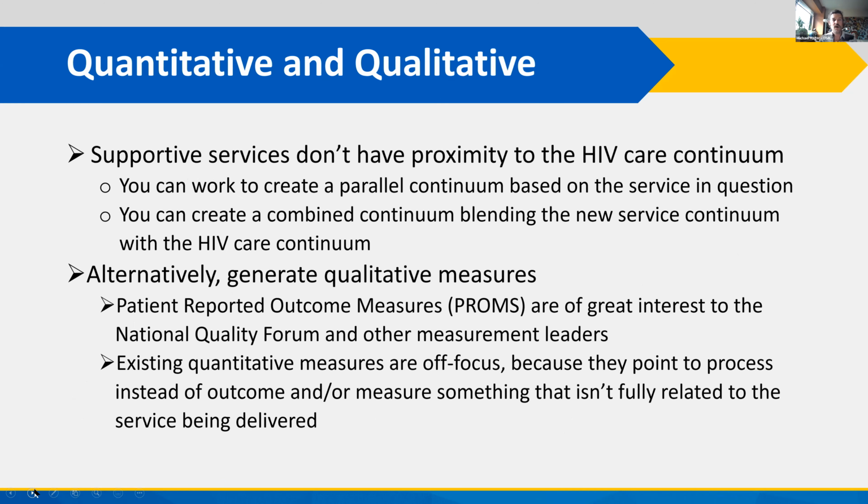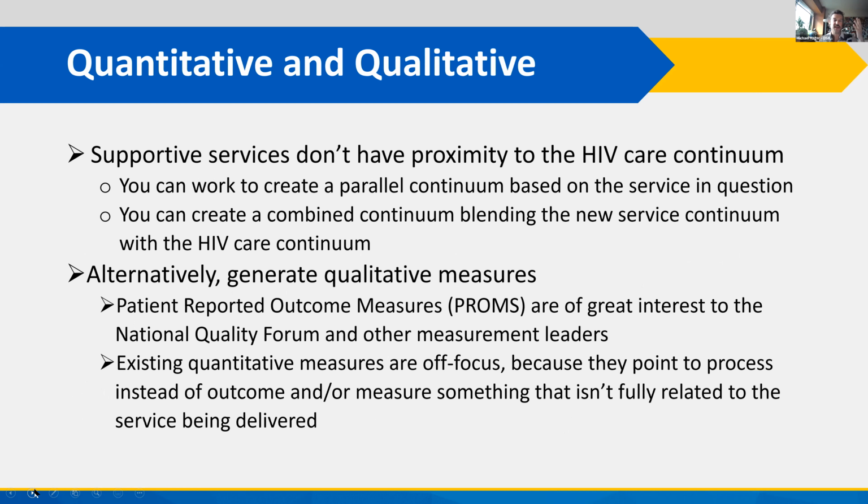So when we think about quantitative versus qualitative, we've hit on this a couple of times too, but the important thing here, and the message that's been coming from the field for the 10 years since we've had the care continuum, is supportive services don't have proximity to the HIV care continuum. In other words, the supportive services we provide may not speak to the HIV care continuum.